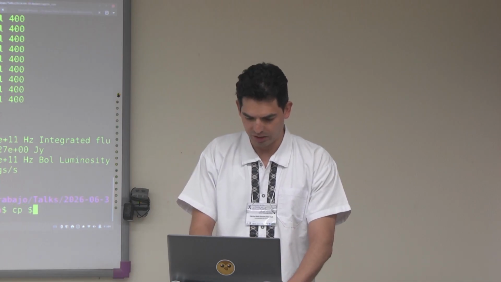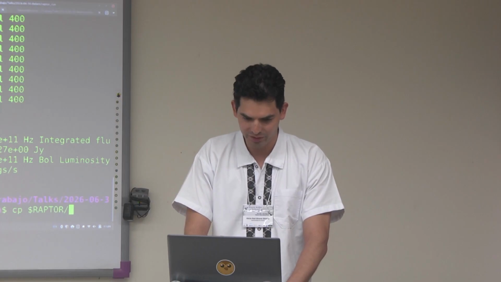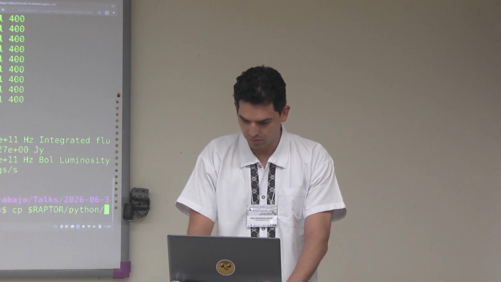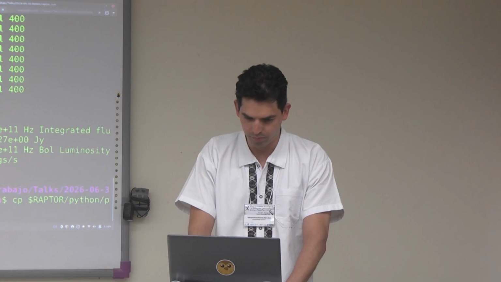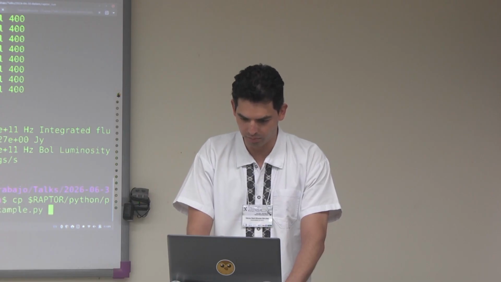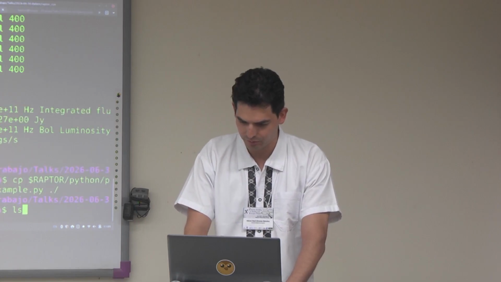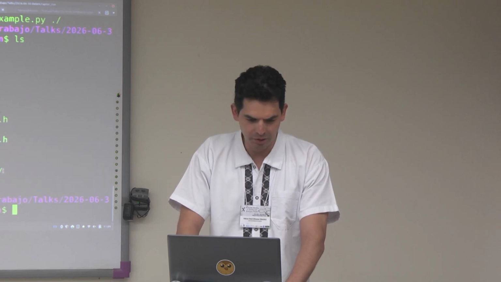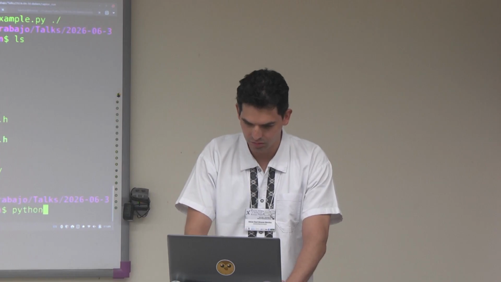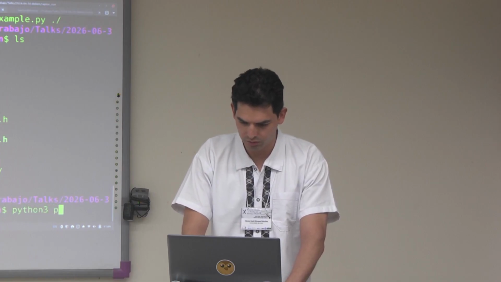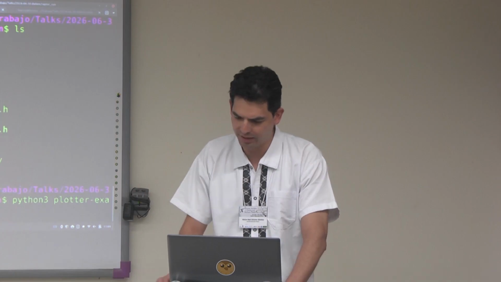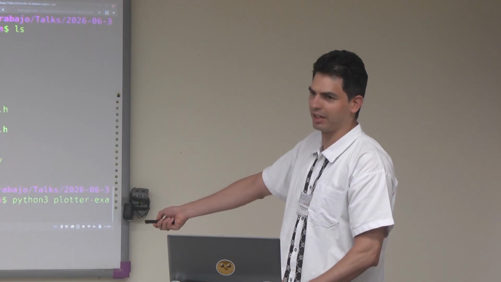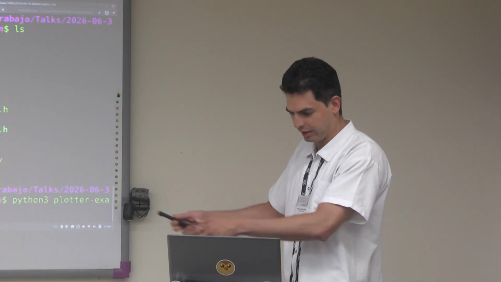So we will copy from the Raptor source directory, Python, plotting, and then plotter example. We will copy it to our directory. Now it is here, and we will simply run plotter example.py, and we again give the index of the snapshot that we just ray traced.